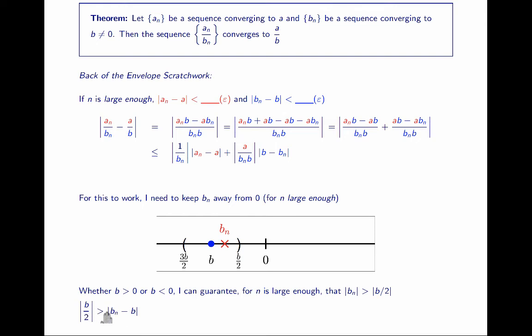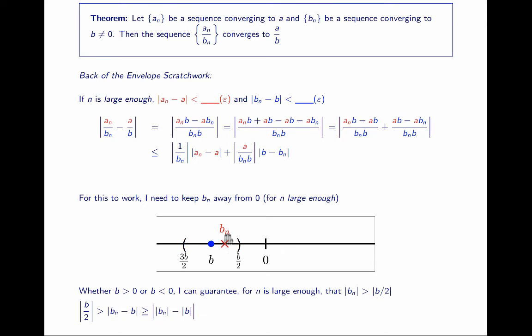Notice I wrote my inequality in reverse: usually bn minus b is on this side and the positive number bound is on this side. I did it reverse because I'm going to use a reverse triangle inequality. The reverse triangle inequality says this is bounded below by this.